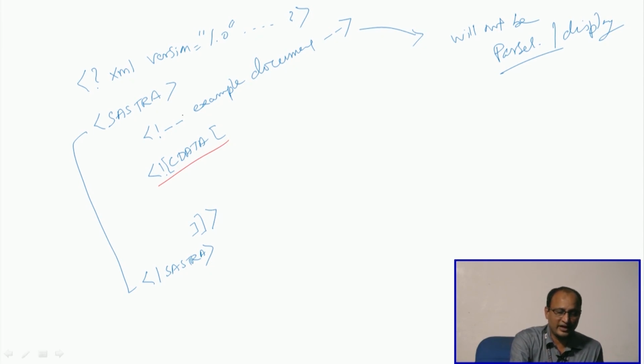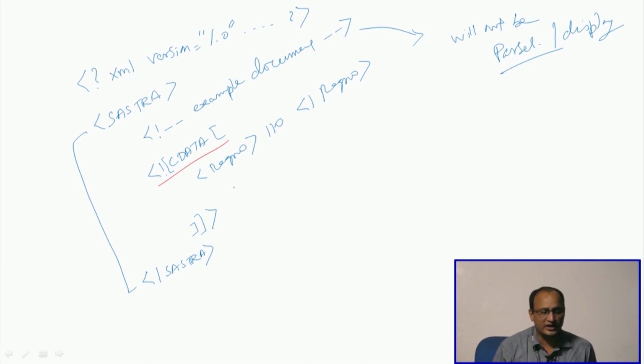So, look there, this is one and this is two square brackets I have used. Within that I have specified register number, /register number. So, only this element has been included within the character data.